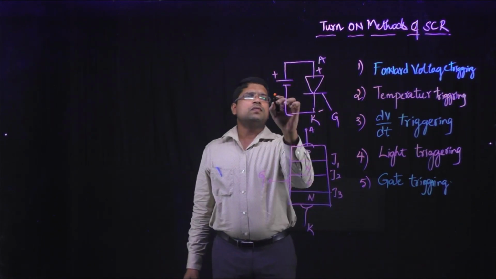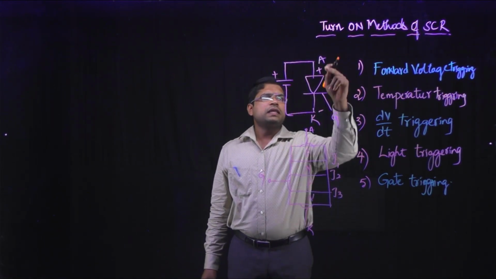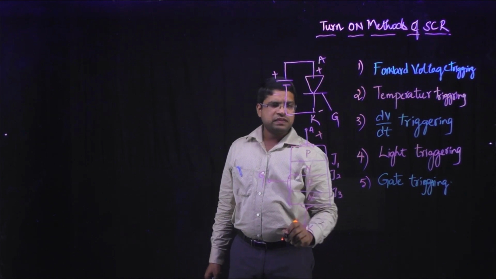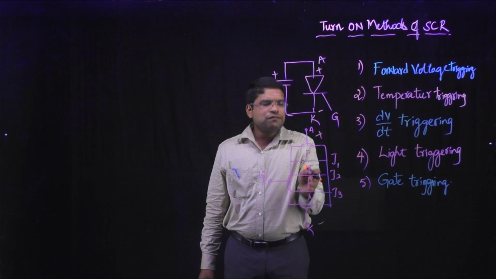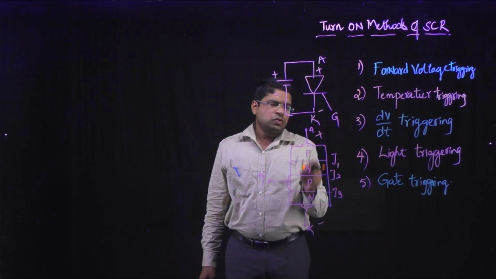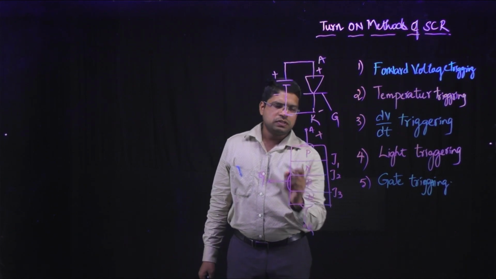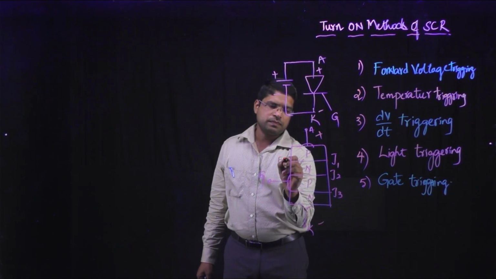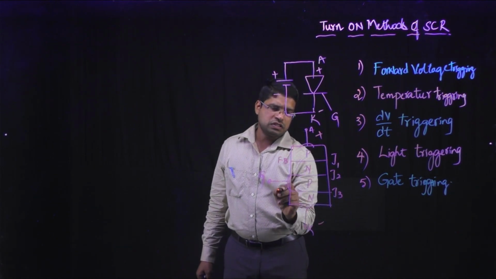Whenever the anode is made positive with respect to cathode, the SCR is forward biased. Junctions J1 and J3 are forward biased, but junction J2 is reverse biased.